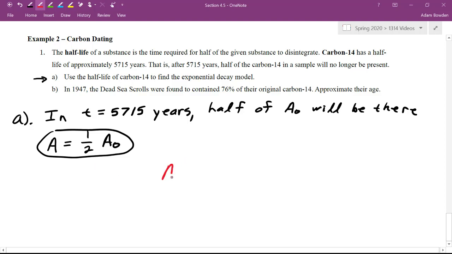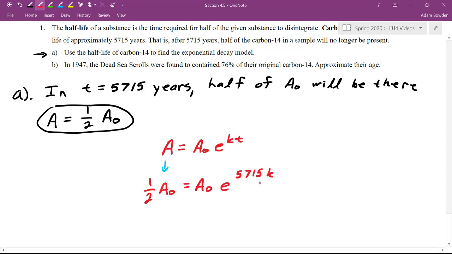So what I'm going to do is take my exponential growth function, model, A equals A naught e to the kt, and start plugging in some different things. For A, I'm going to change that over to 1/2 A naught equals A naught e to the 5,715 times k.